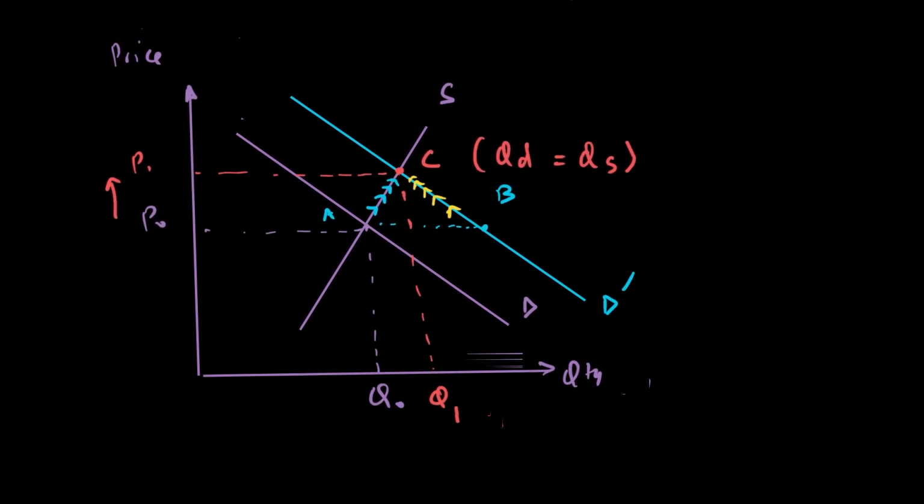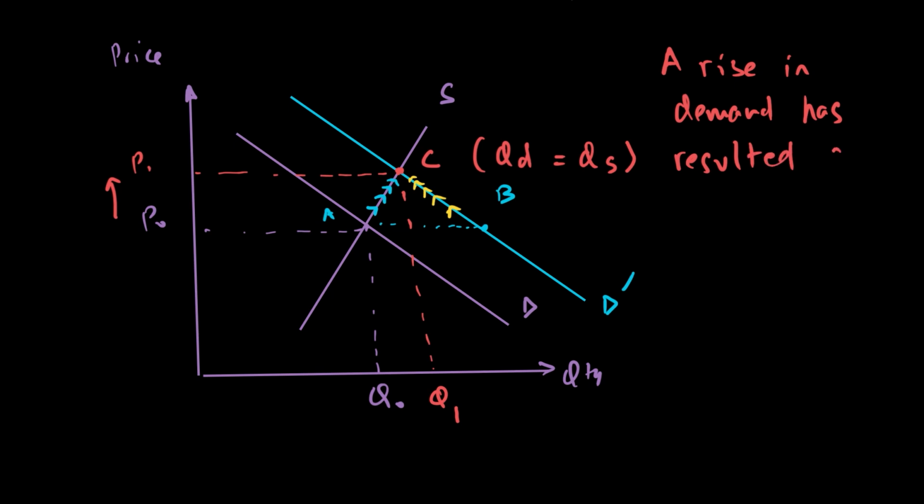So the way I'm going to write this, that a rise in demand has resulted in a higher equilibrium price.